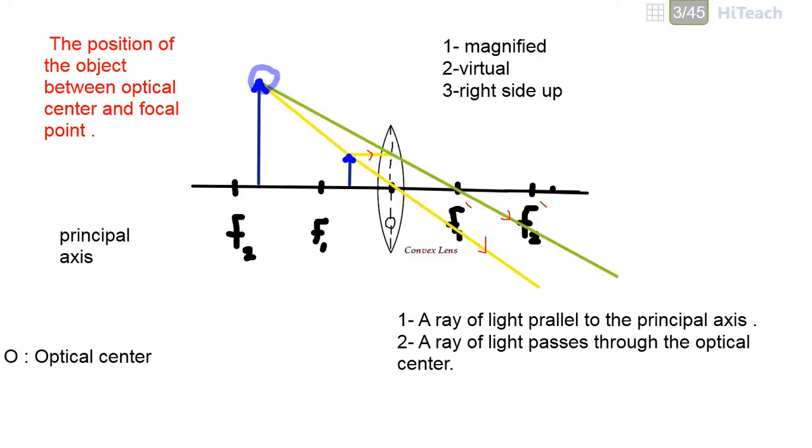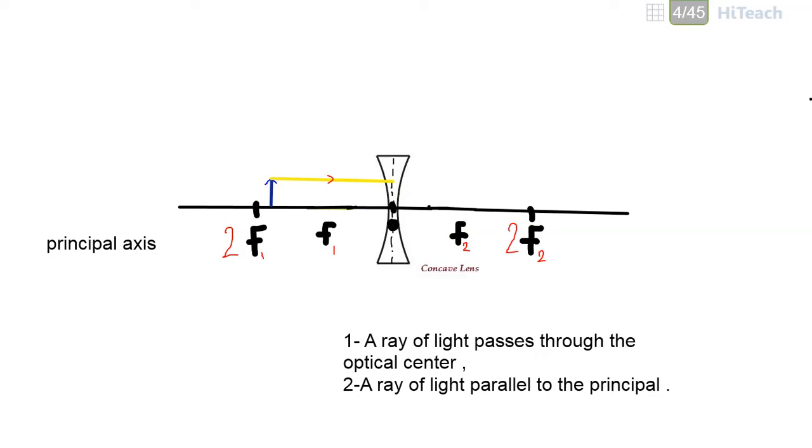This one refracts this way, away like this. But I'll use another color to show you how it appears. This is the extension here. From the same point, it appears like it comes from what? From the focal point. So this one is the extension, it's not the light itself.